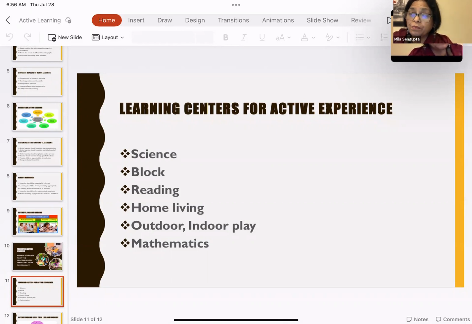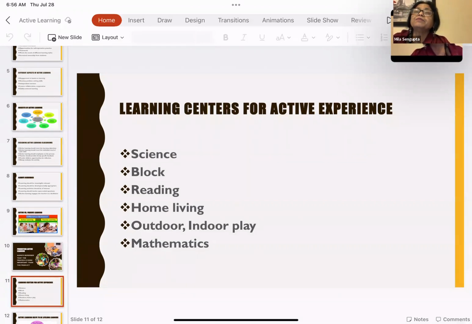Outdoor and indoor play are unlimited activities in the classroom, with so much active learning happening. This could be growth in physical development, social emotional skill development, cognitive skill development, and creative skill development. So all kinds of things can happen while the children are actively engaged in outdoor play and also indoor play.